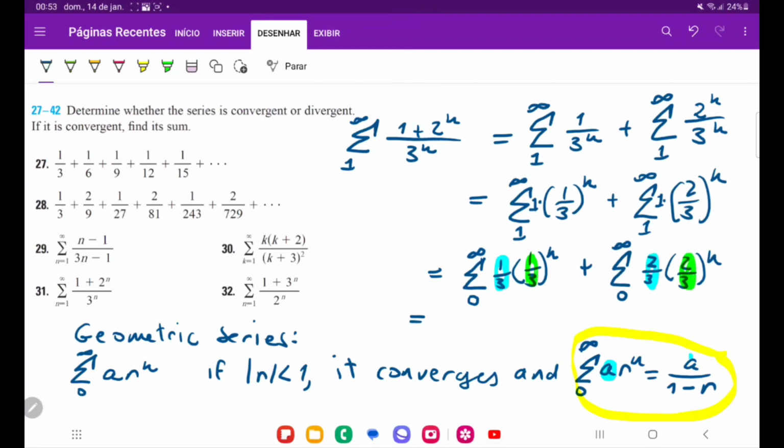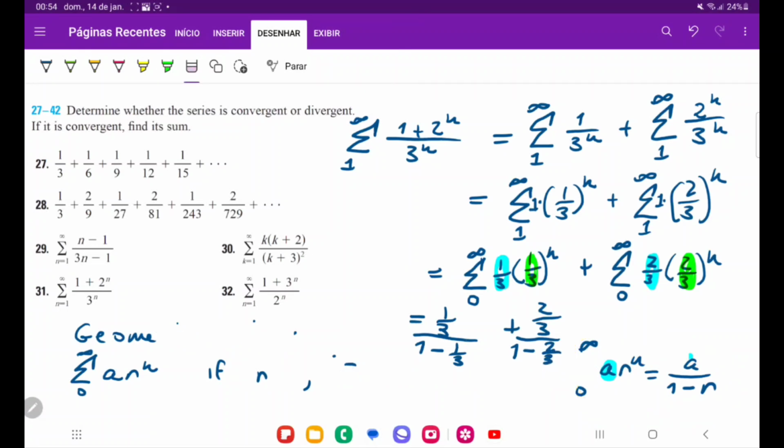So for the first sum, we're going to have a, so 1/3 over 1 minus r, so 1 minus 1/3. And then for the second one, we're going to have a, so 2/3 over 1 minus r, which is 2/3.